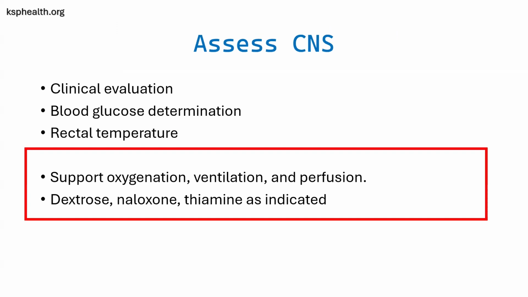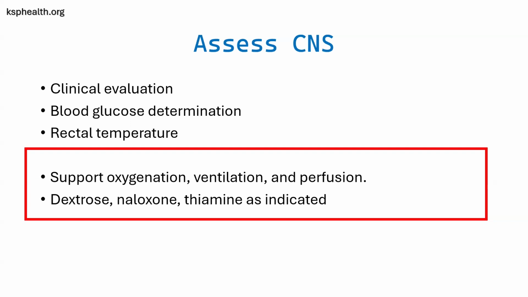Then assess the central nervous system. Most of the time, all of this can be done simultaneously, not sequentially. Clinically evaluate and look at what the GCS is. If the mentation is abnormal or obtunded, check the blood glucose and check the temperature.